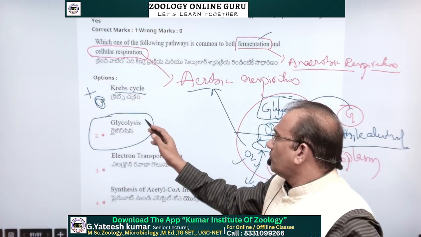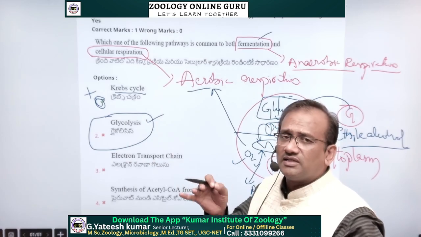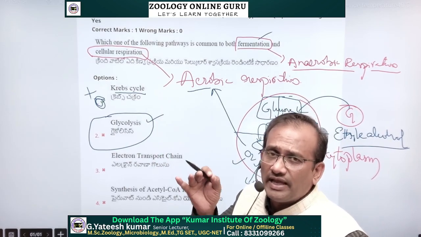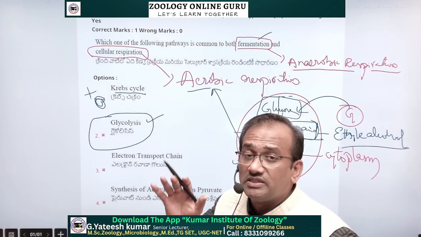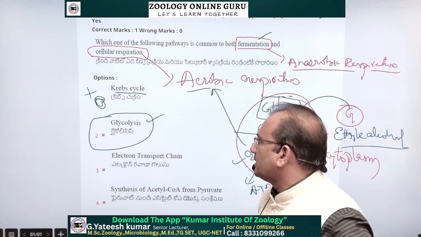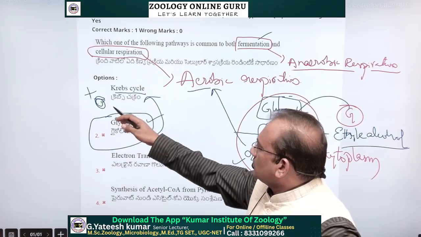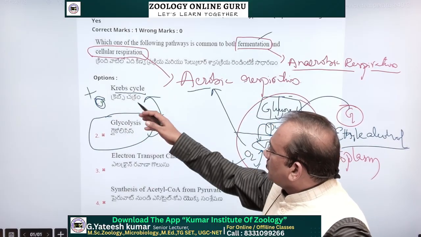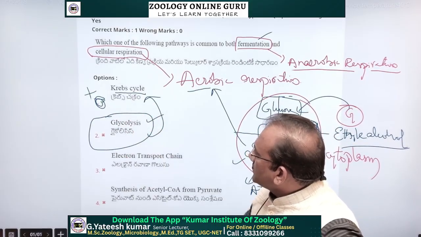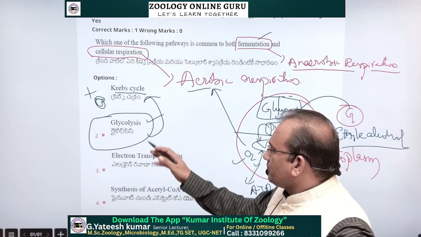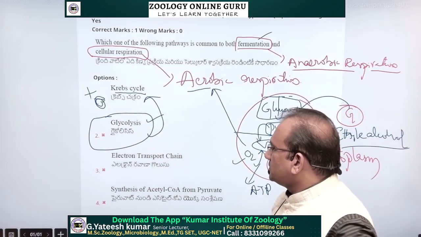We know very well that glycolysis is the first step. Even if it is aerobic or anaerobic, the first step is glycolysis, not the Krebs cycle. Without glycolysis, how does the Krebs cycle take place? In the master question paper they gave the Krebs cycle as option A, but glycolysis is the correct answer.